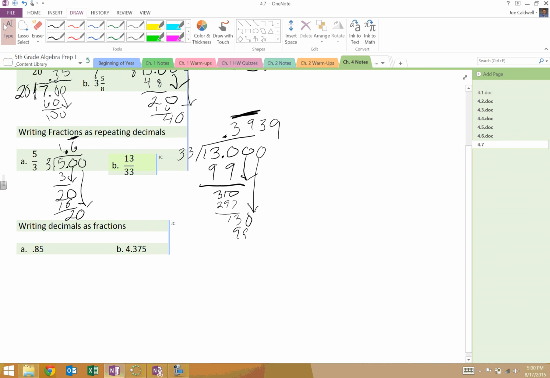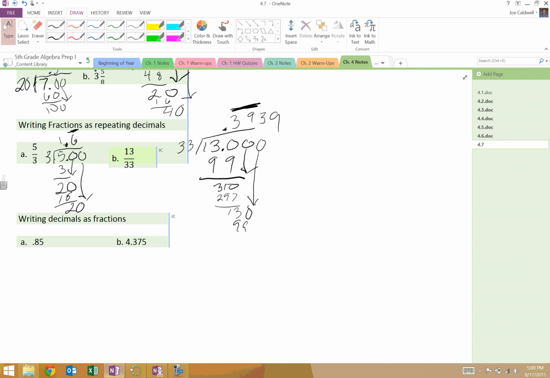Finally, writing decimals as fractions. Basically, whatever the ending place value is, that's what your denominator is going to be, and then you have to reduce. In this case, we have 0.85, or 85 hundredths, so we're going to put 85 over 100.